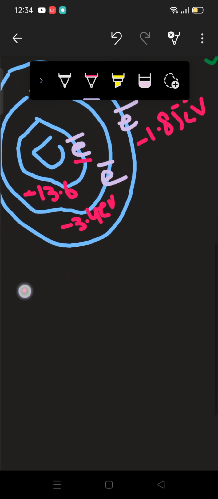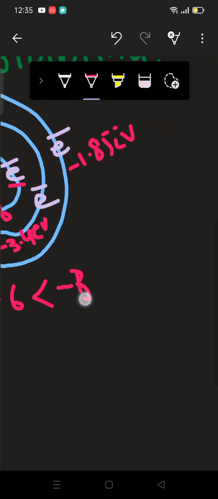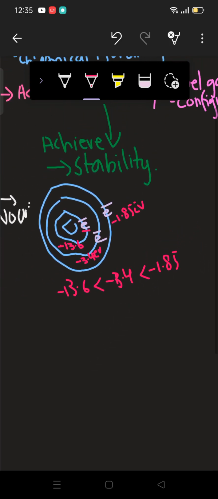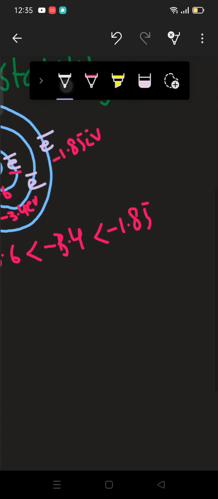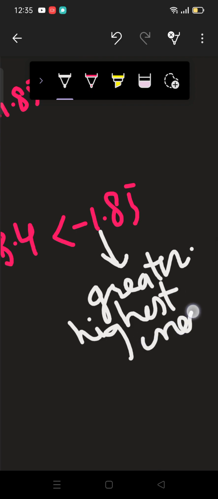So if I ask you, minus 13.6 is less than minus 3.4, which is less than minus 1.84, which means minus 1.84 is the greater one, the highest energy, right?